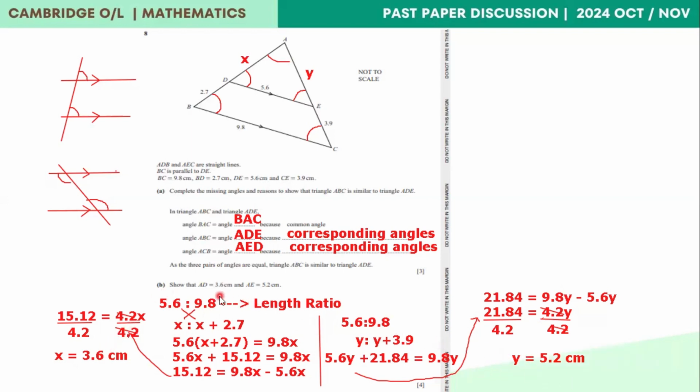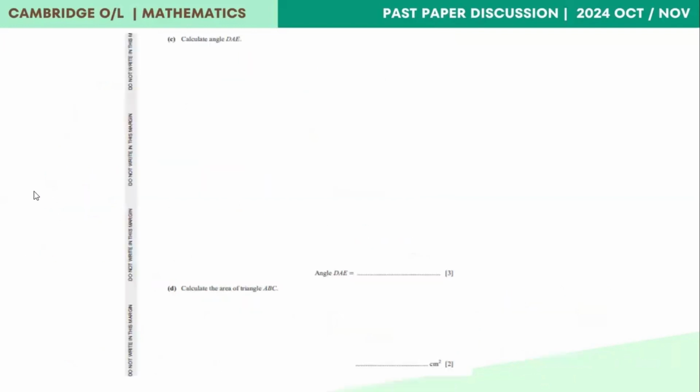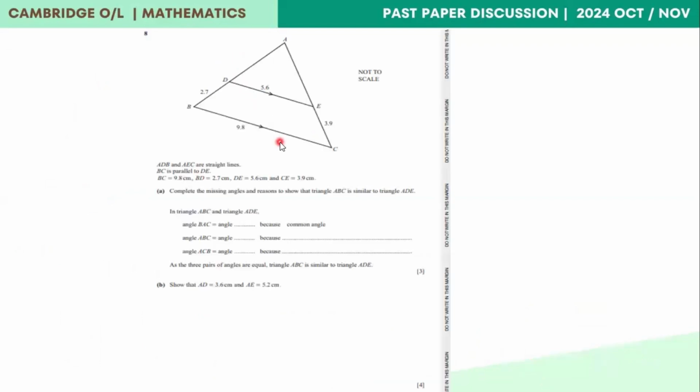So you can see that we are getting these answers exactly. Let's move on to the next question. Calculate angle DAE. If I again label our triangle, this is going to be 3.6 and this is going to be 5.2.